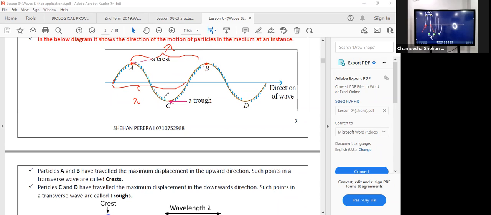No issue. Then the particle at a trough is also a particle at the maximum downward displacement position.